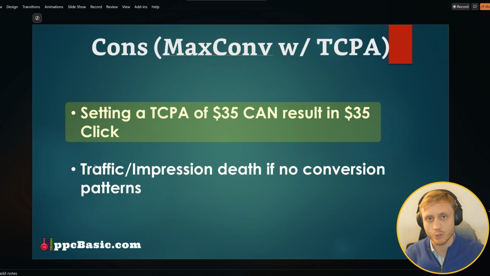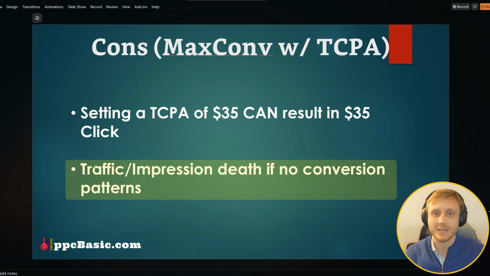If you set boundaries on how much you're willing to pay for the traffic, eventually, if there's not enough pattern recognition within Google, if Google doesn't find a pattern in what kind of customers convert for you, the traffic will die off. I've seen some campaigns where they do have conversions, but Google is simply not able to figure out what the patterns are, what the types of keywords are, at what point in the funnel the person is able to convert on my landing pages, simply because there's too many nuanced variables further down the line, and this confused the algorithm in the end.